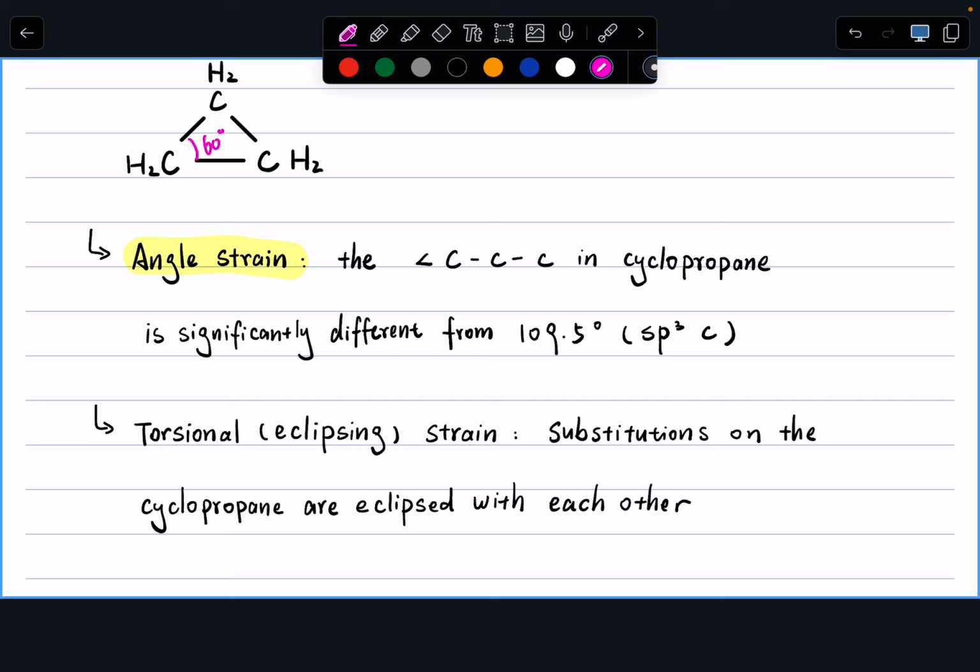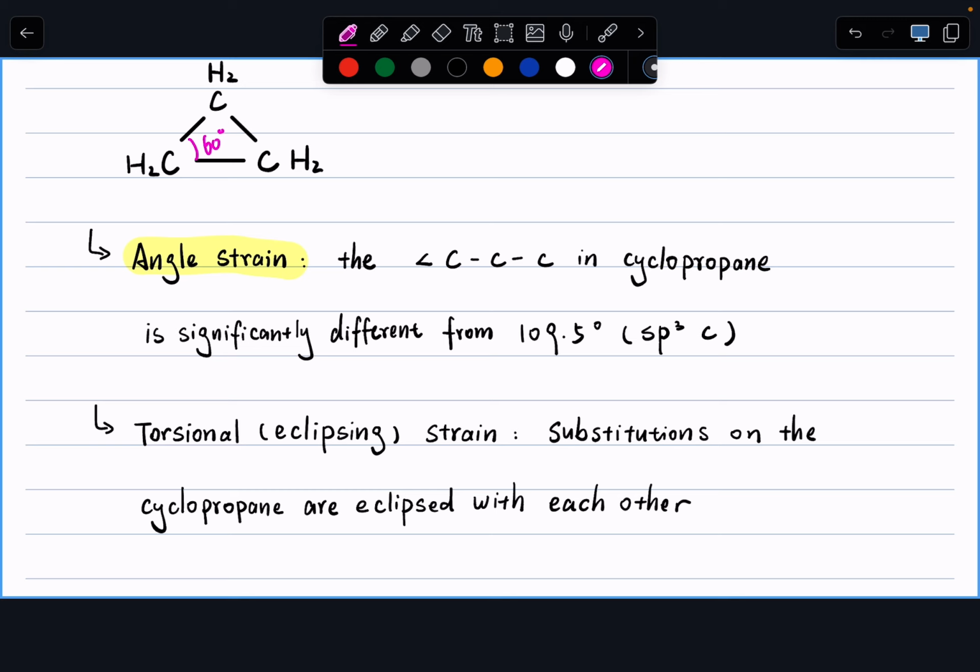That is, my cyclopropane will have a carbon-carbon bond angle of 60 degrees instead of 109.5 degrees. So angle strain means my carbon-carbon bond angle in cyclopropane is significantly different from 109.5, where my sp3 carbon is happy.